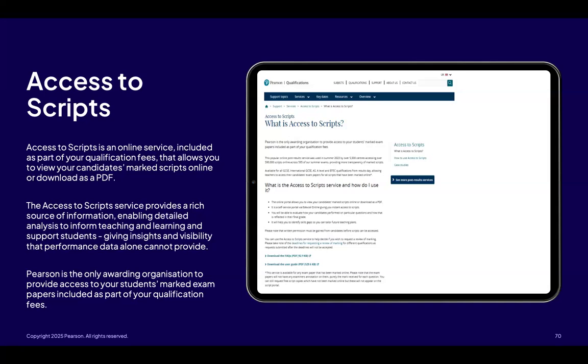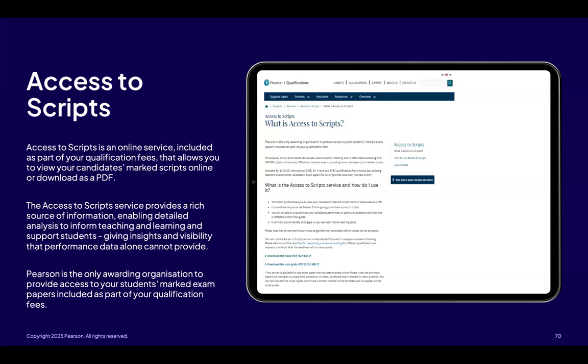It's a great resource to have in terms of exemplifying great answers, where students have made mistakes, starter activities, homework activities where students have got to mark a script and identify why it received this mark. It says on there a rich source of information, and I would absolutely echo that.